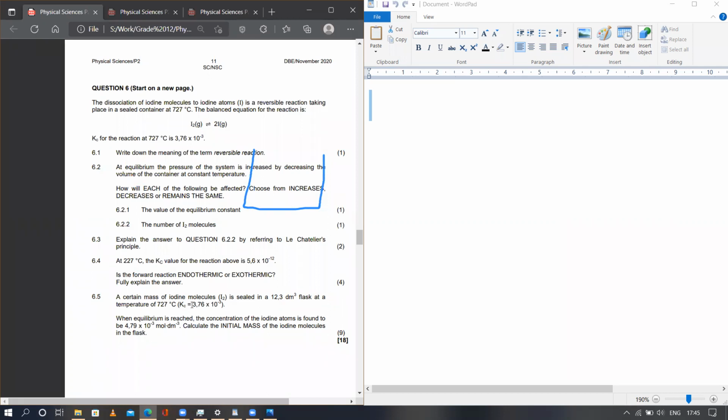That's gonna be, in this case, our equilibrium constant is 3.76 times 10 to the exponent of -3.